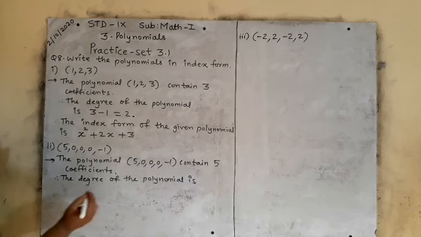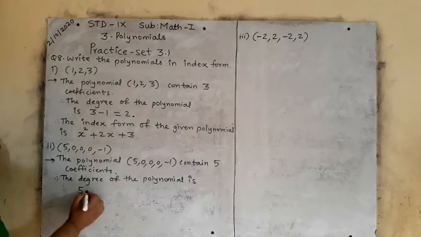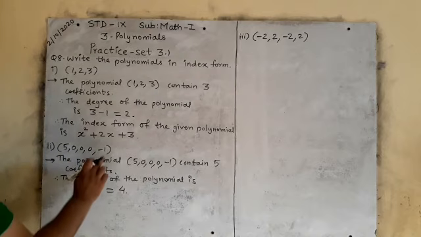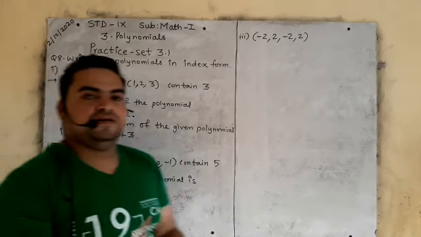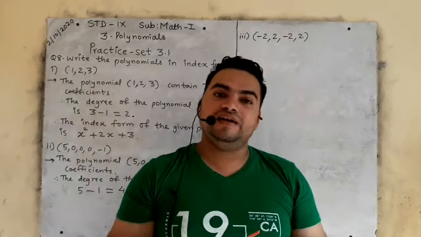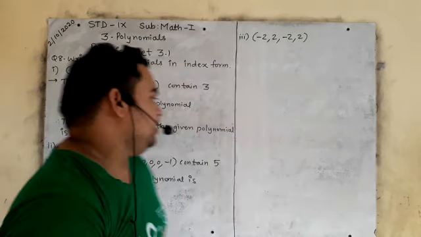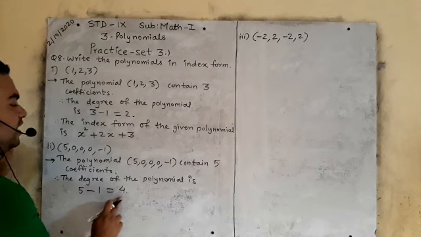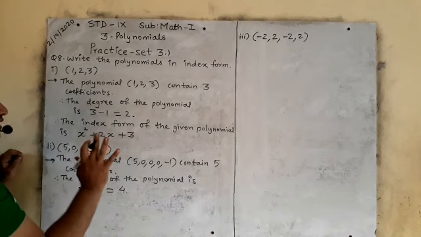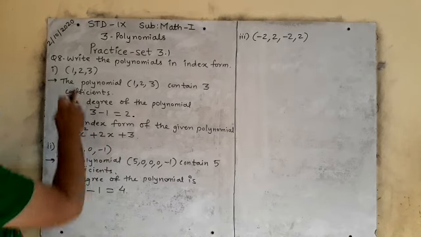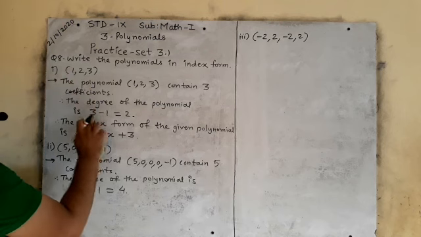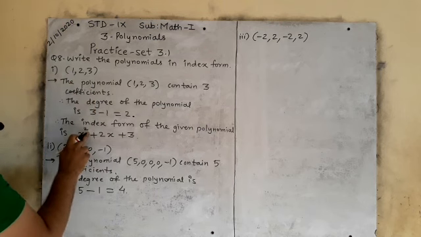Therefore the degree of the polynomial is 5 minus 1, which is equal to 4. It means with these numbers you can use any variable: x, y, a, b, m, any. Okay, but the highest degree will be 4. Why? Because the total number is 5 and you always take one less. Here the total number was 3, so 3 minus 1 is 2. Therefore the highest degree is 2.